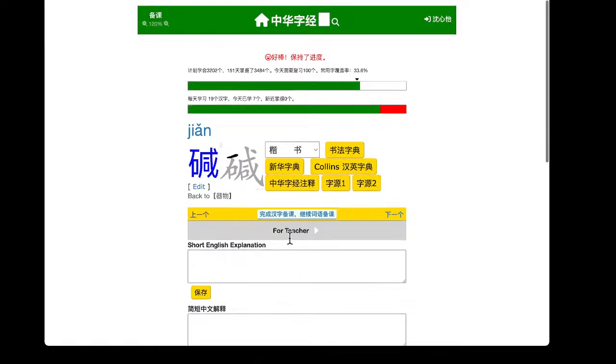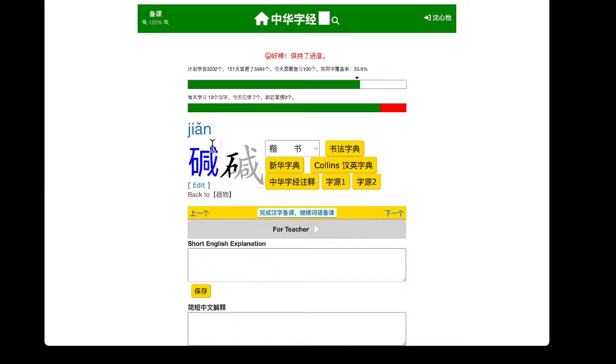If you know these two characters, then you can remember this very easily because it goes with the stone radical on the left, and on the right hand side is 咸. Now 咸 has two meanings. One meaning, 咸 means it's very common.